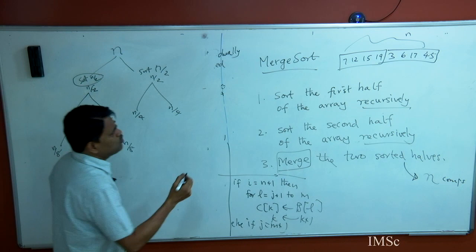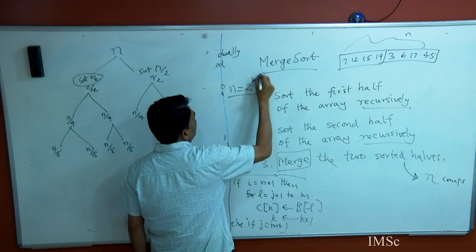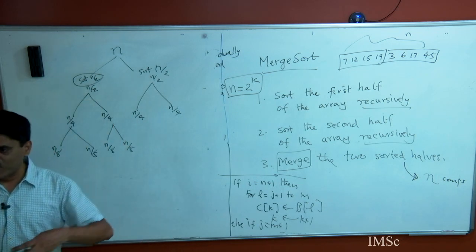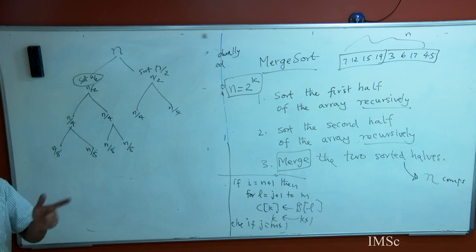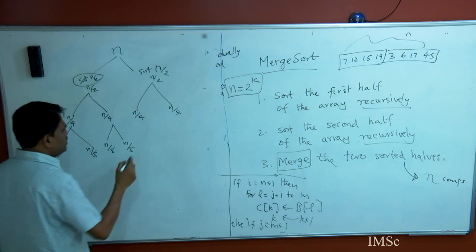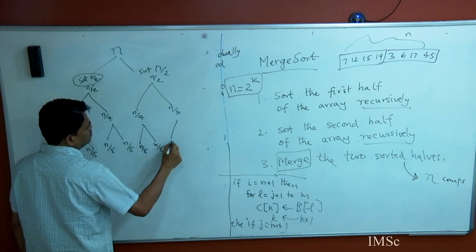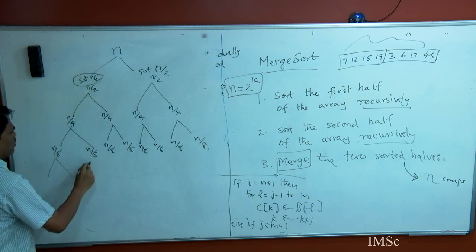So for now, let's assume all these numbers are integers. So n is a power of 2, because otherwise n by 4, n by 8 may not be integers. So let's assume that you can divide n by 2 power anything. And so on and so forth.